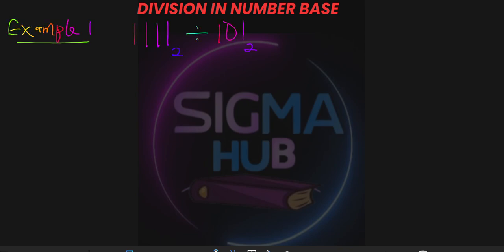That is, we are going to be converting 1111 to base 10, and at the same time we are going to be converting 101 to base 10. So let's quickly convert 1111 to base 10.